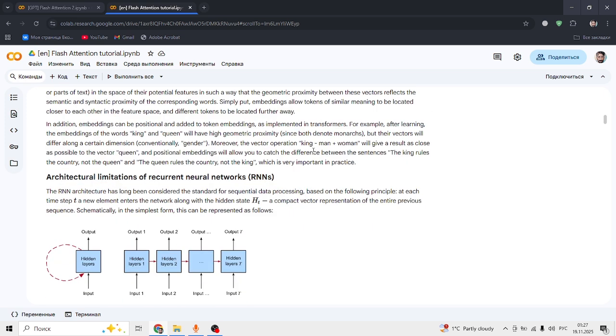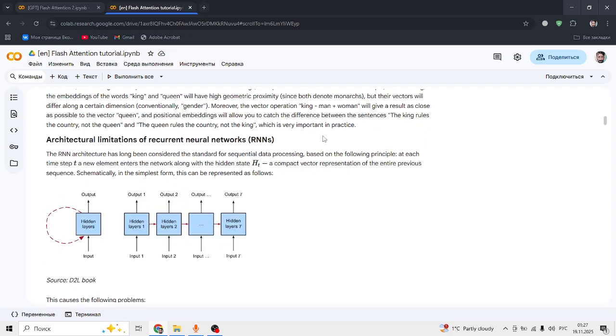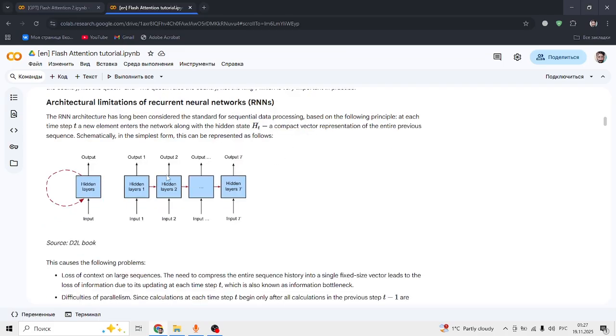But before this, we also need to refresh our understanding of the recurrent neural network and its limitations, because it led to the appearance of transformers. So an RNN, in its simplest form, looks like this.